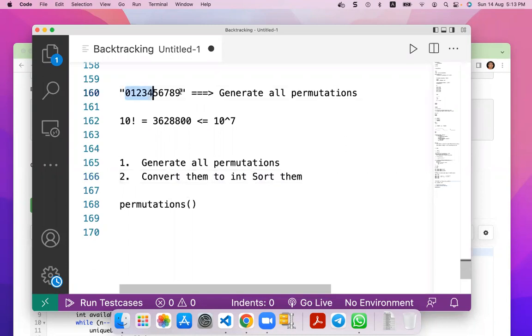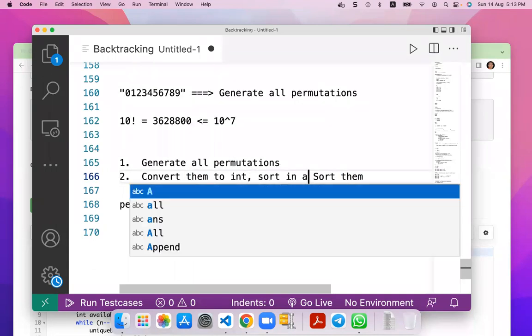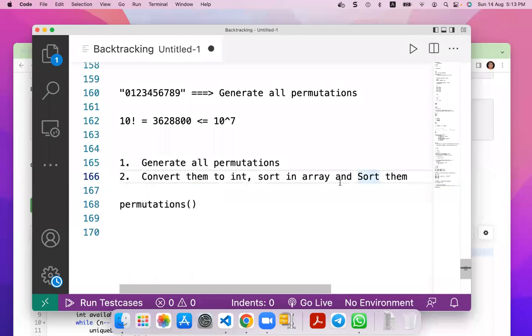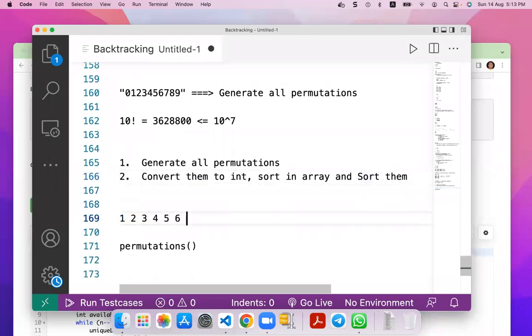For example, if I convert this to int, the leading 0 will go away. Now, if you have an array of all the numbers, let's say you have 1, 2, 3, 4, 5, 6, 7, 8, 9, and then 10, 12 (11 will be missing), 13, 14, 15, 16, 17, 18, 19, 20, 21, 23 (22 will be missing).